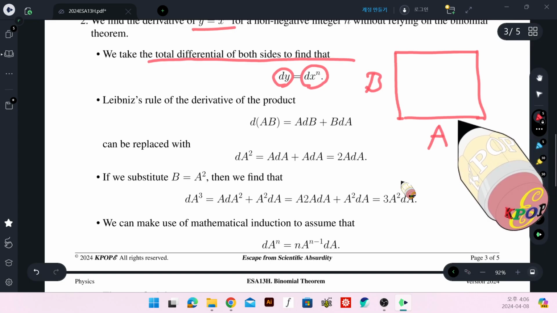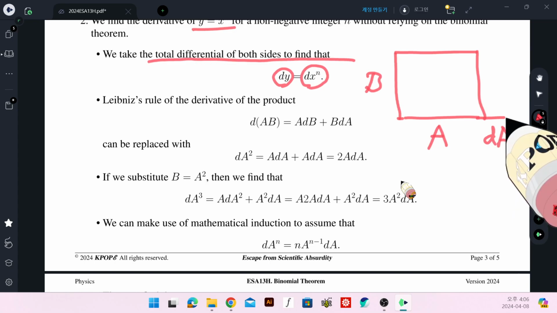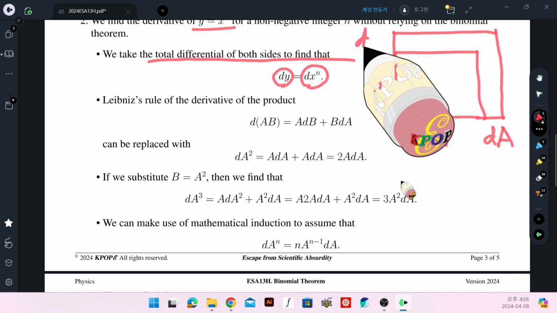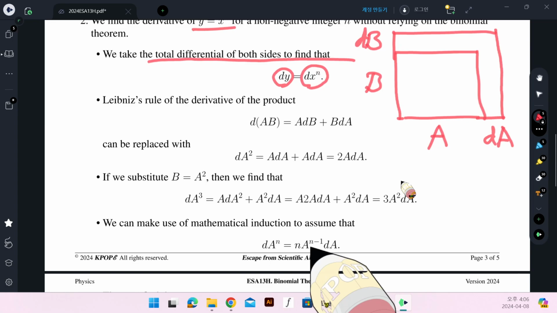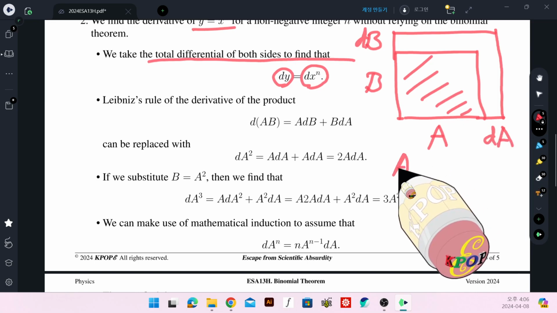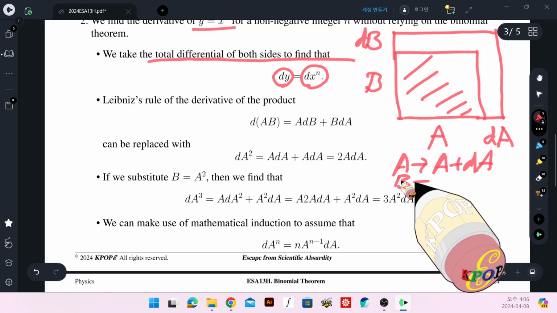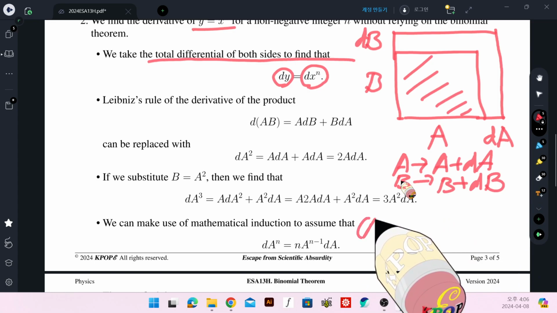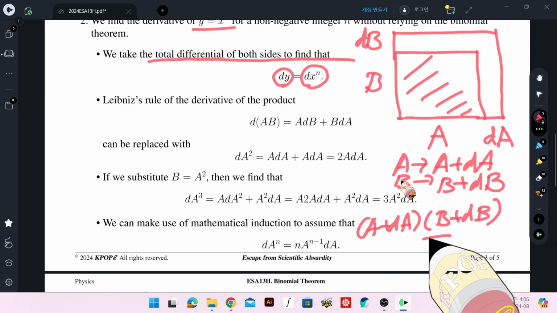Why don't we vary a single side with a small deviation and the other side with a small deviation? That is the differential. By the way, this is the original area, and after shifting the side from a to a plus dA and b to b plus dB, the change is (a plus dA)(b plus dB) subtracted by ab.